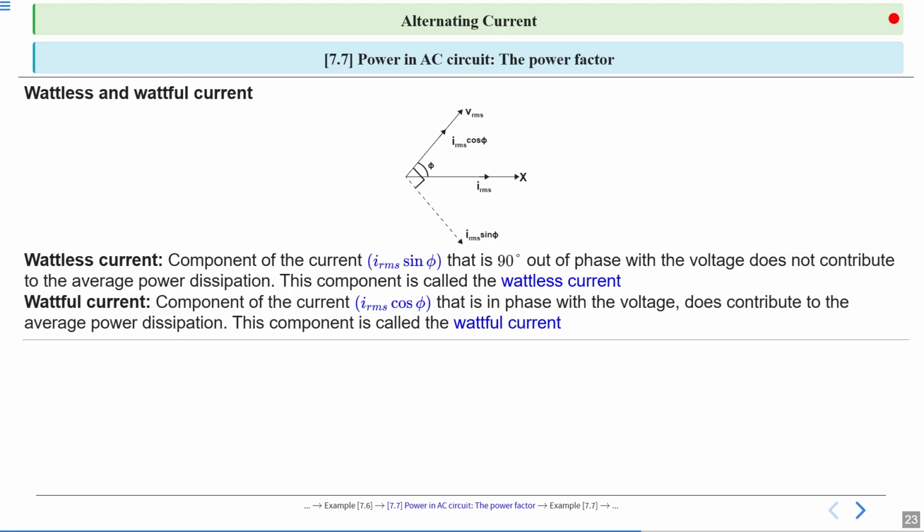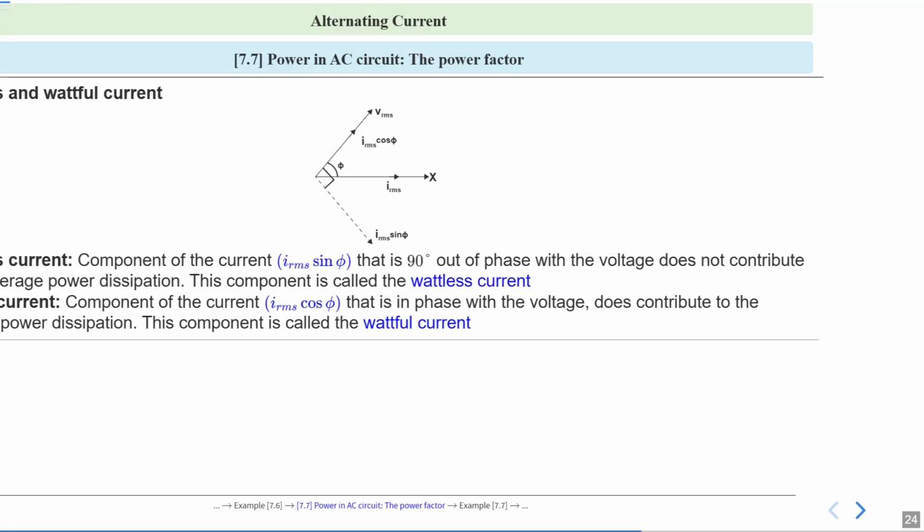If across any component voltage and current have a pi by 2 phase difference, then power dissipation will be 0 and the current across this component is known as wattless current. If the current and voltage across any component are in phase, and the current flowing through that component is contributing to the average power dissipation, we can say the current is wattful current.